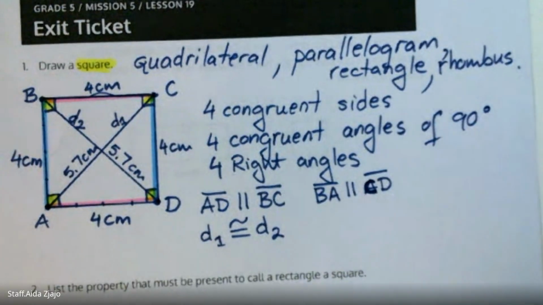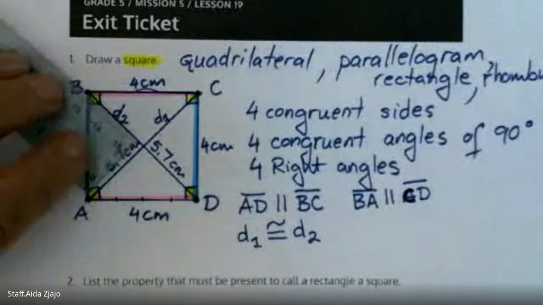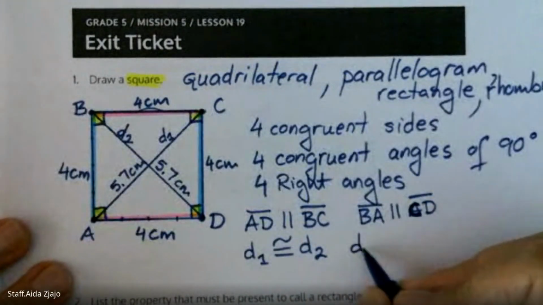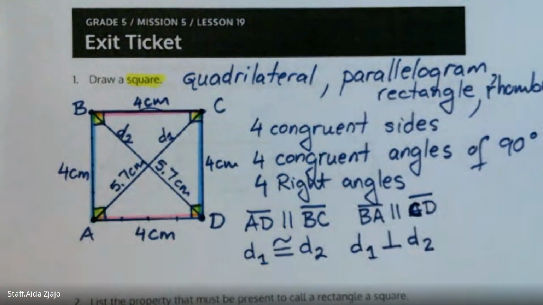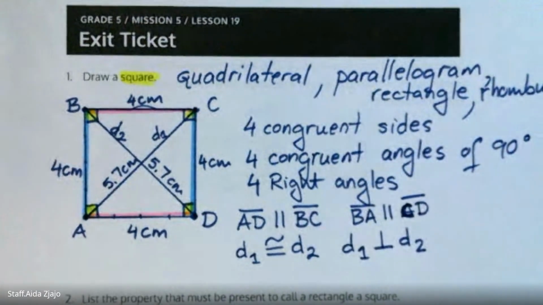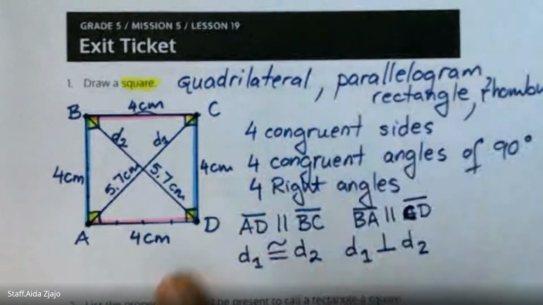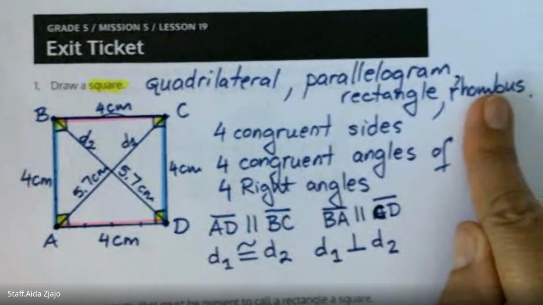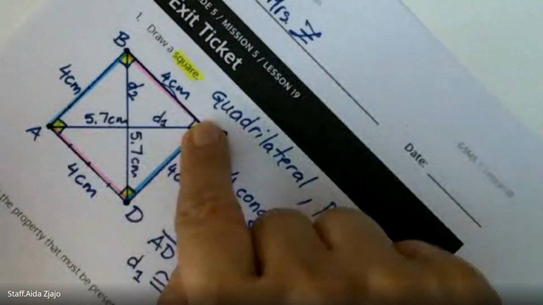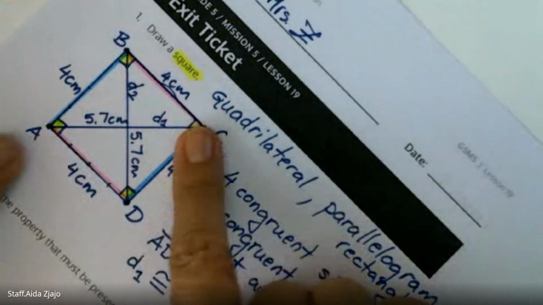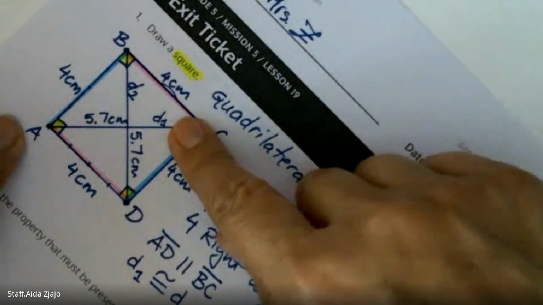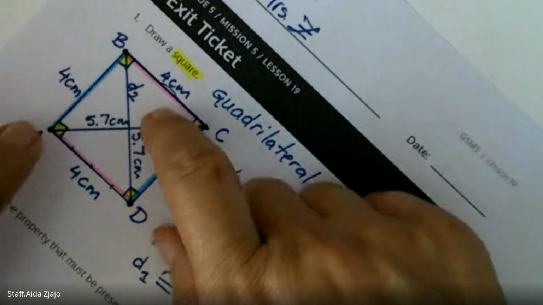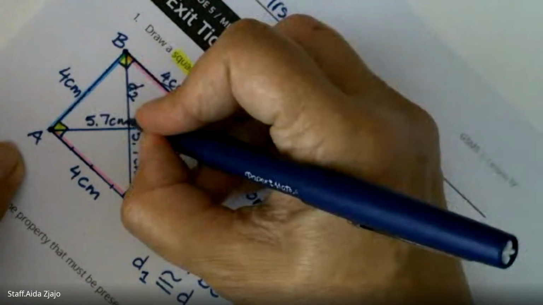So D1 is perpendicular to D2. That's why a square is a rhombus, because a rhombus has all the sides the same, it has opposite angles congruent, and it has diagonals that bisect and are perpendicular to each other.